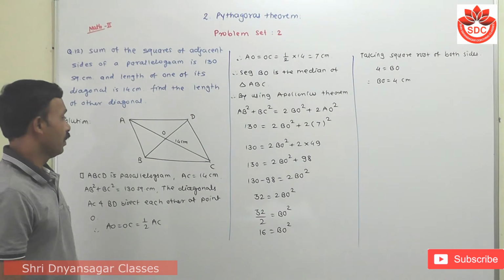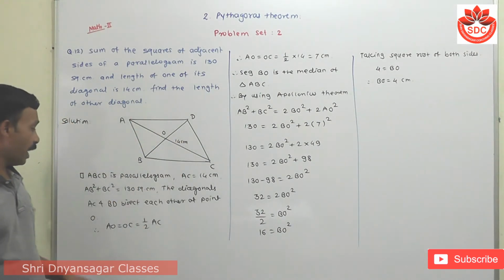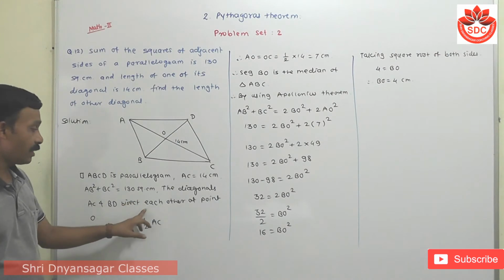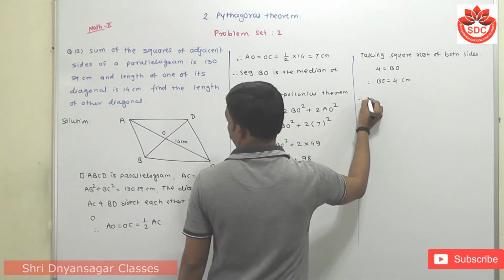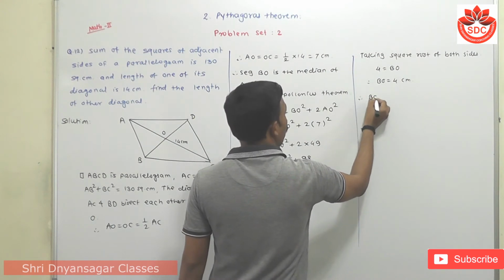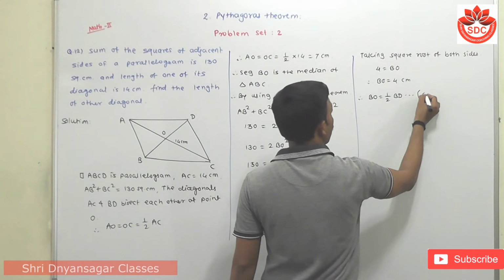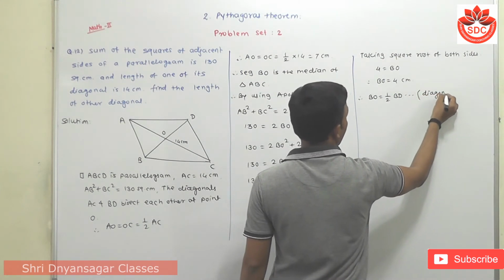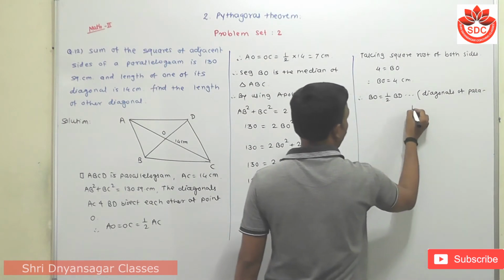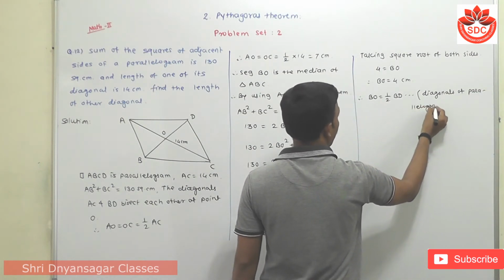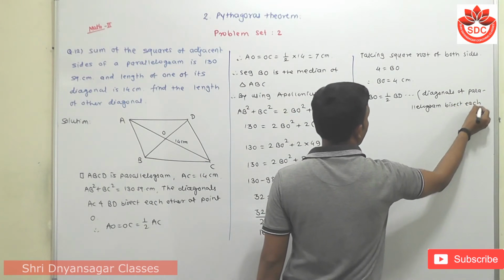Now student, we have to find the length of the other diagonal, that is BD. Now we know that these diagonals bisect each other at point O. Therefore BO = half of BD, because diagonals of a parallelogram bisect each other.